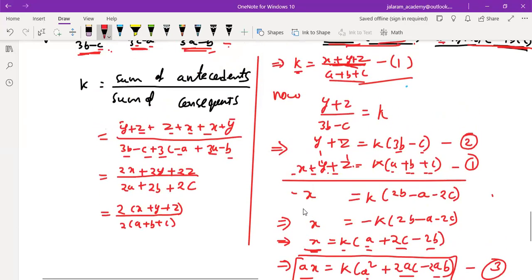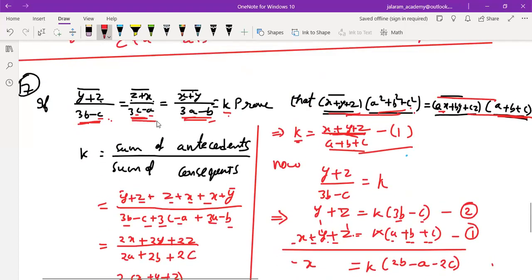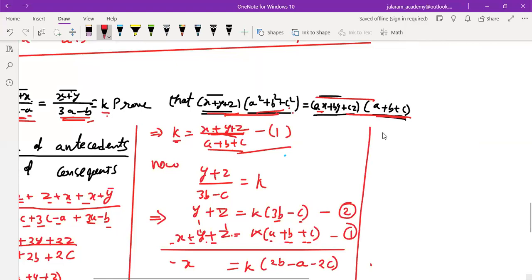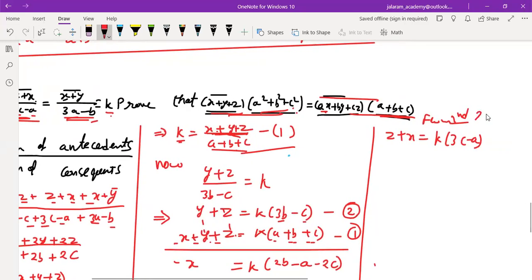Now we will find the value of by with the same method, means from the second ratio, z plus x upon 3c minus a. Z plus x equals k into 3c minus a from the second ratio, and the value of k is also used. So x plus y plus z equals k into a plus b plus c.